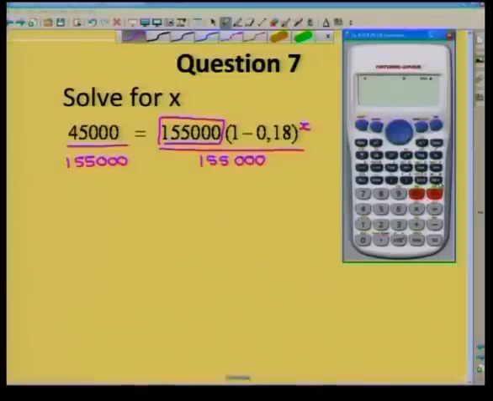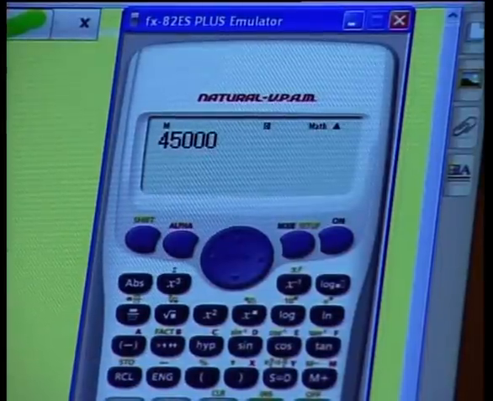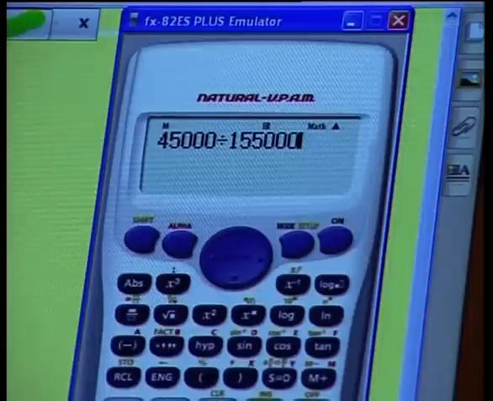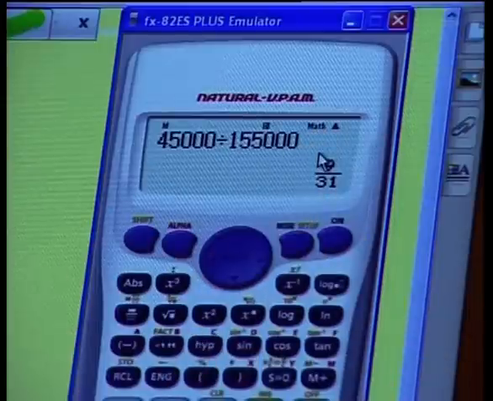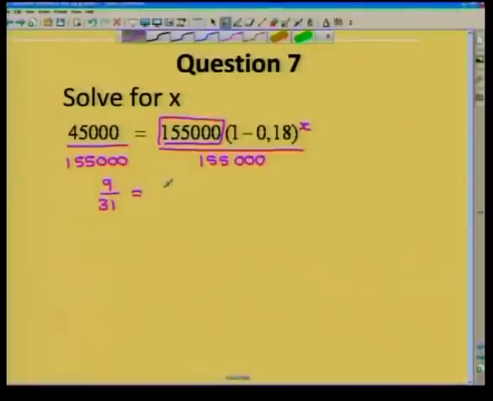Let's clear it, and let's go 45123 divided by 155,000, and I'm going to get the answer. What's nice about this calculator is it gives it to me as a fraction, which is perfectly acceptable. It's going to be 9/31, and that's equal to (1 - 0.18)^x.